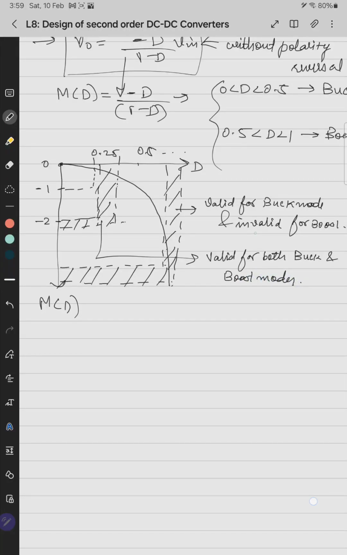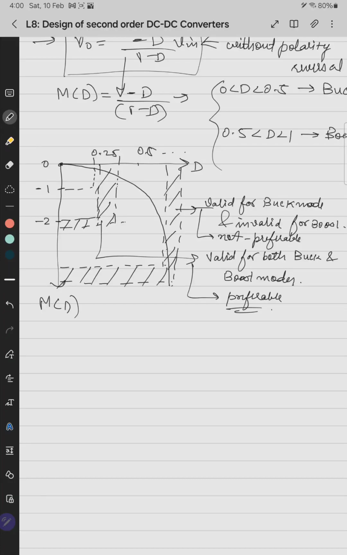So this is not preferable, and this one is the preferable zone of operation. The same disadvantages and advantages of the buck and boost converters will apply to this buck boost converter.